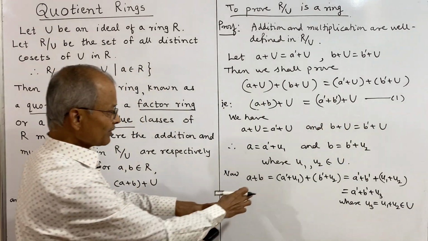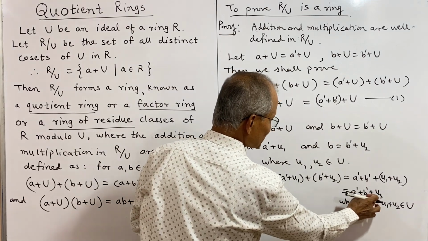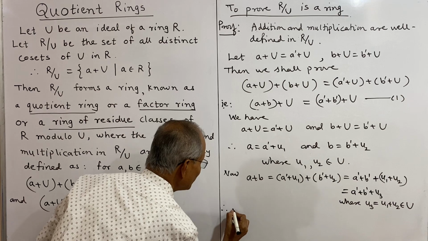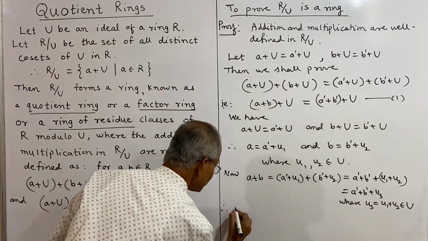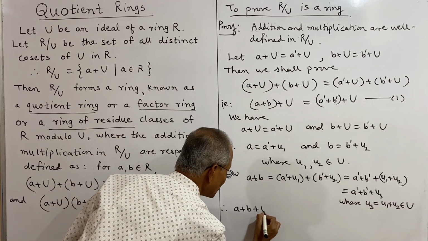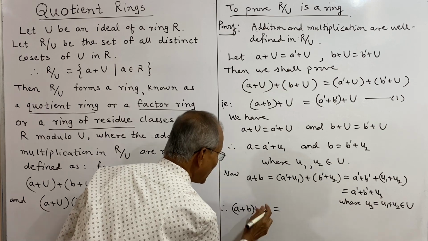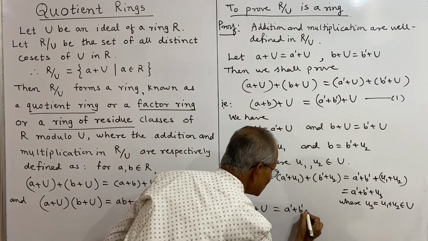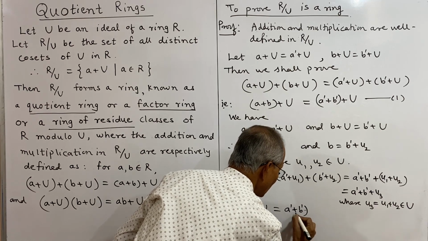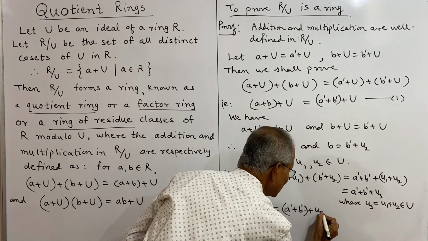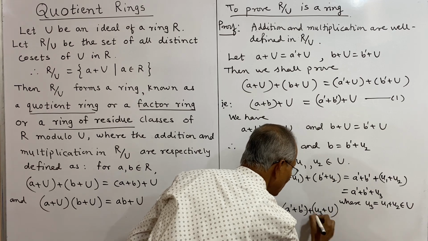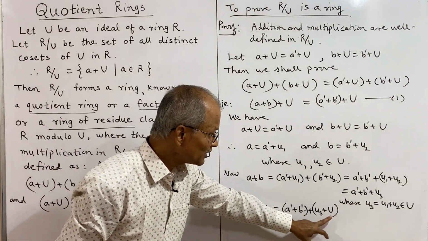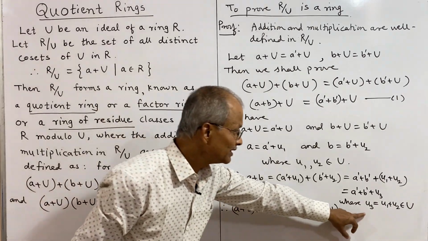And thus we have a plus b is equal to a dash plus b dash plus u3, and now in 1, therefore, what will be a plus b plus u? We can add u on both sides, and this will be a dash plus b dash plus, or I shall write this in bracket, plus u3 plus u. See, we have added u on either side, but u3 plus u is again u, because u3 is an element of u.